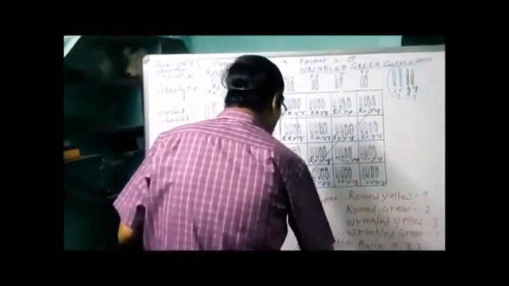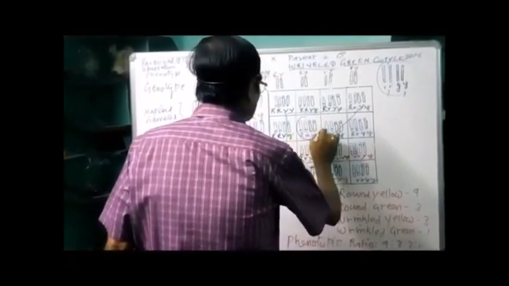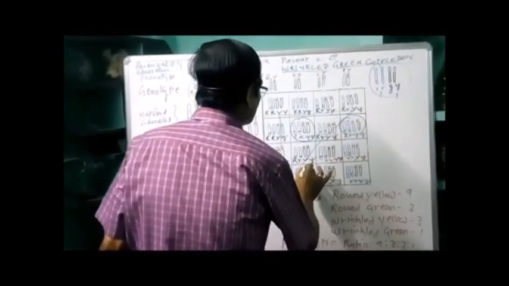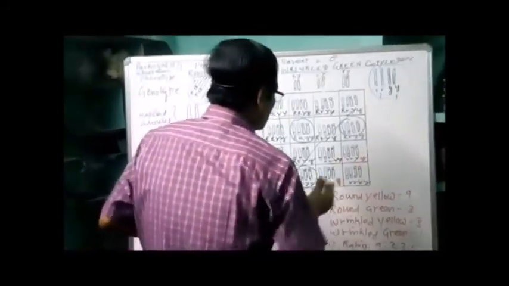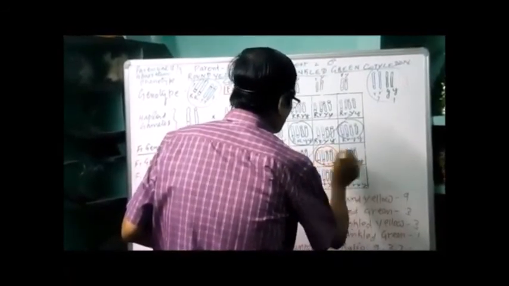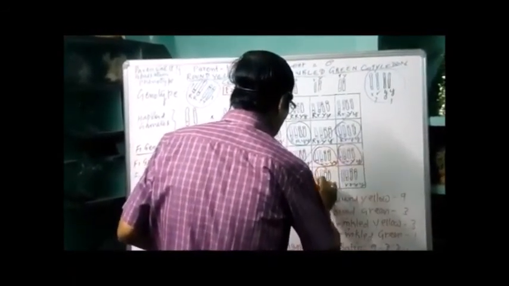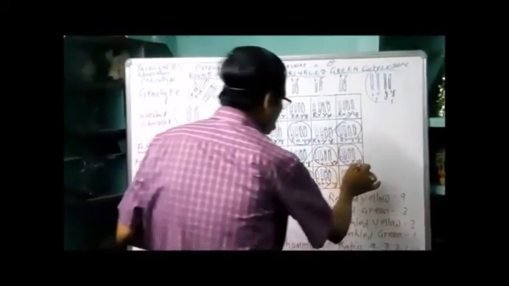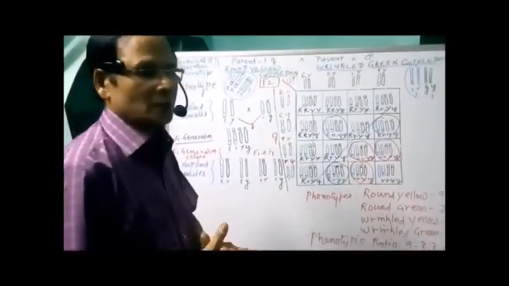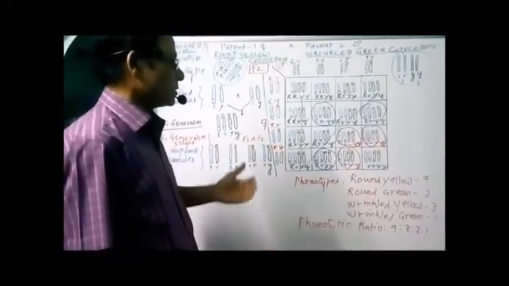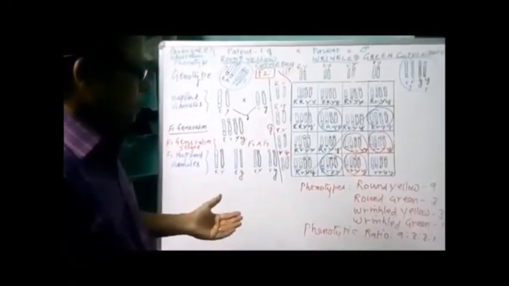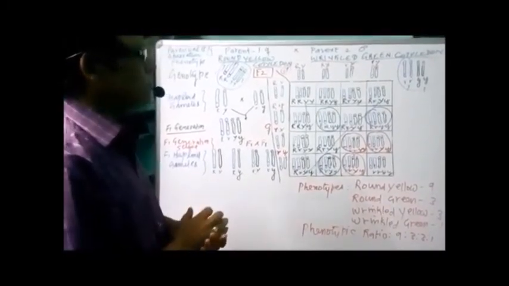Then we have 3 round green. Then we have 3 wrinkled yellow. And finally only one wrinkled green, both characters being recessive, represented by the genes small r, small y. So the phenotypes we get, as mentioned earlier, are 9, 3, 3, 1. The phenotypic ratio is 9:3:3:1, which I described already.